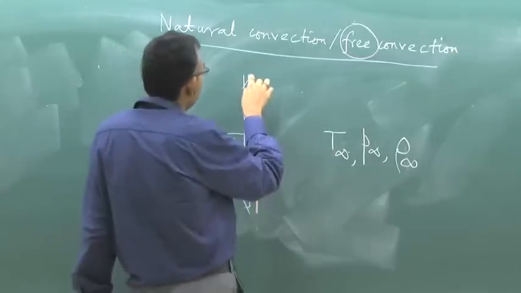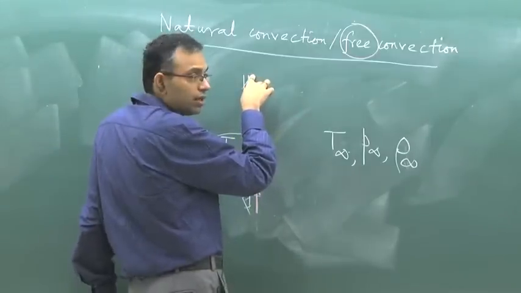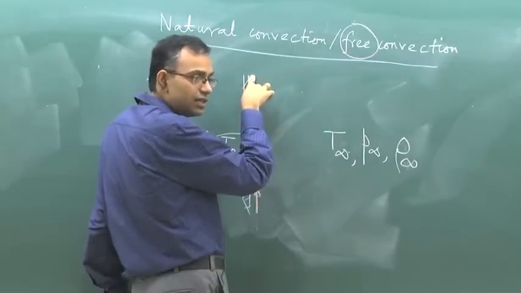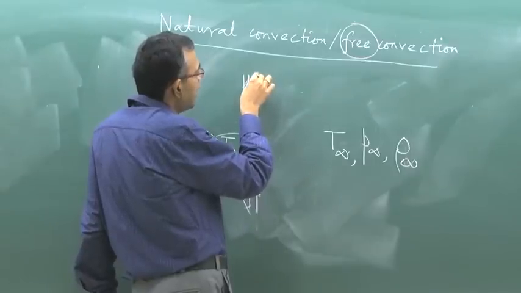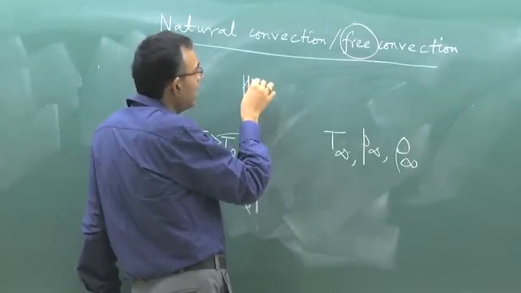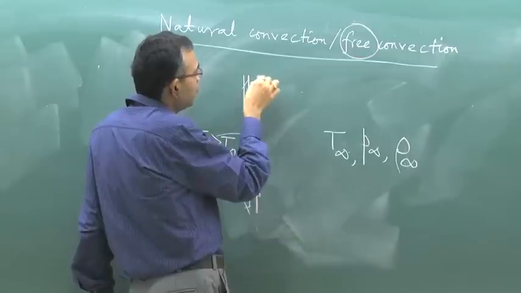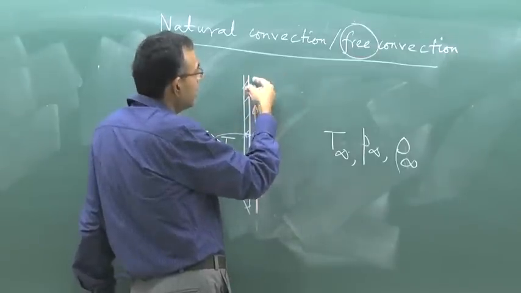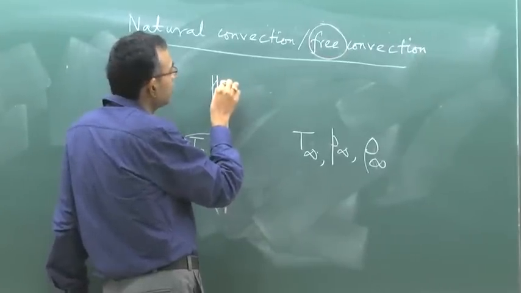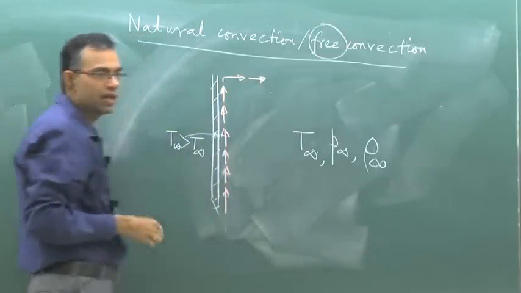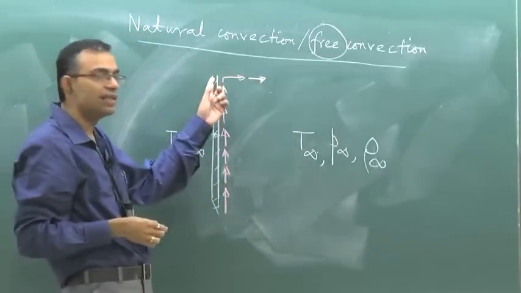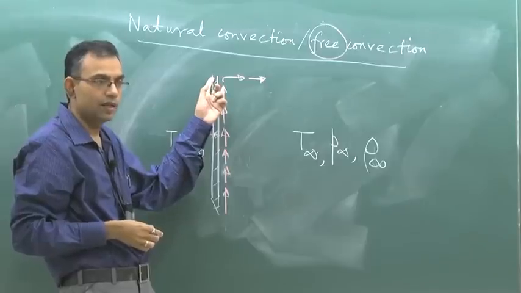Now, when it reaches here, it still has its inertia, because it was going up. One possibility is that by maintaining its inertia, it can go to the left or towards the right. It cannot penetrate the solid boundary to the left, so it has only the option of going towards the right. It cannot go further up because heating is stopped here.